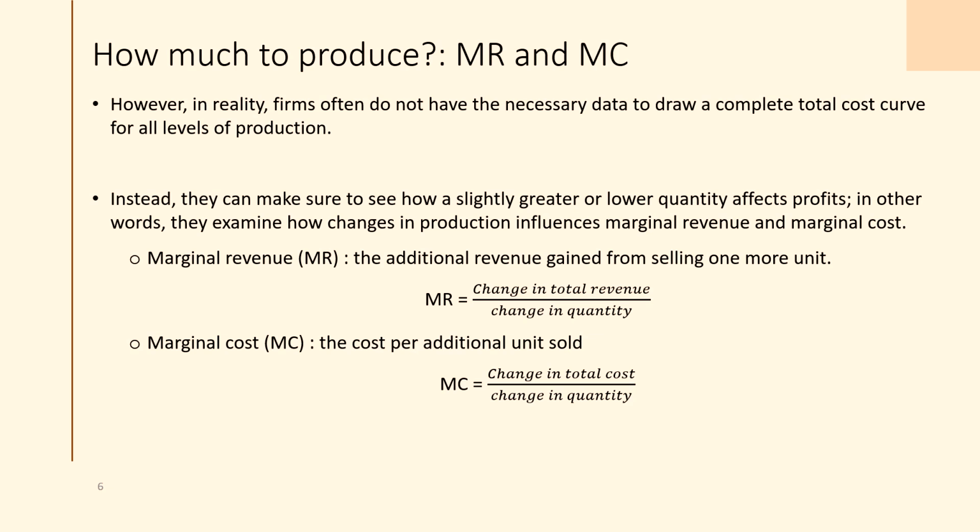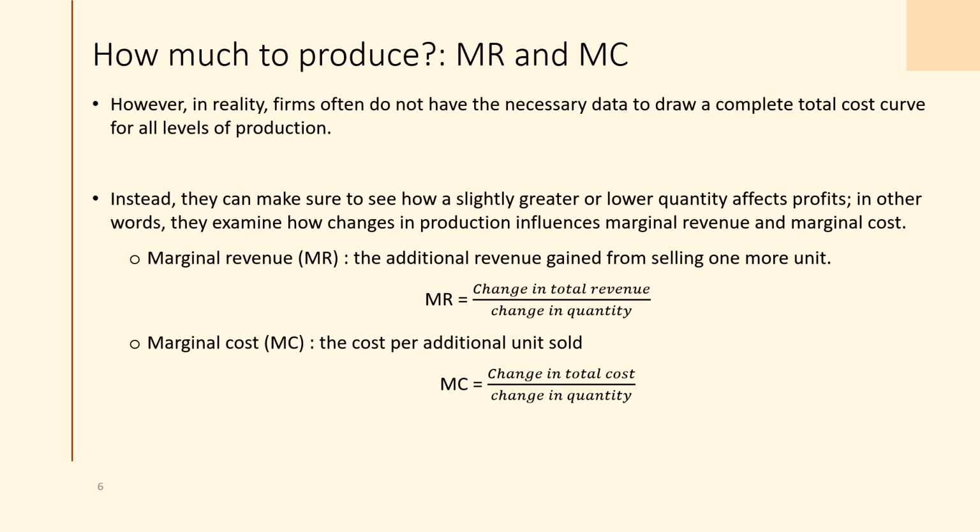Now let's introduce a more practical approach. In reality, firms do not usually calculate total profit at every possible level of output. Instead, they focus on small changes. There are two important concepts to find the profit maximizing quantity. Marginal revenue is the additional revenue gained from selling one more unit.